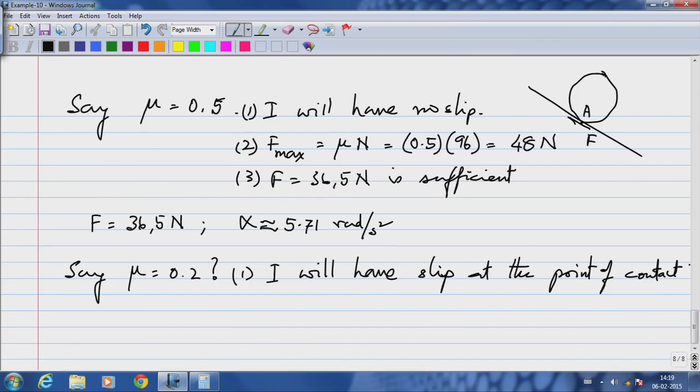That means the sphere will slip at the point of contact. So, which now means I cannot say that A equals R alpha. This is the first thing that you get to know. That means what I wrote down for my equation 4 is now wrong, and I have to replace it with something else.